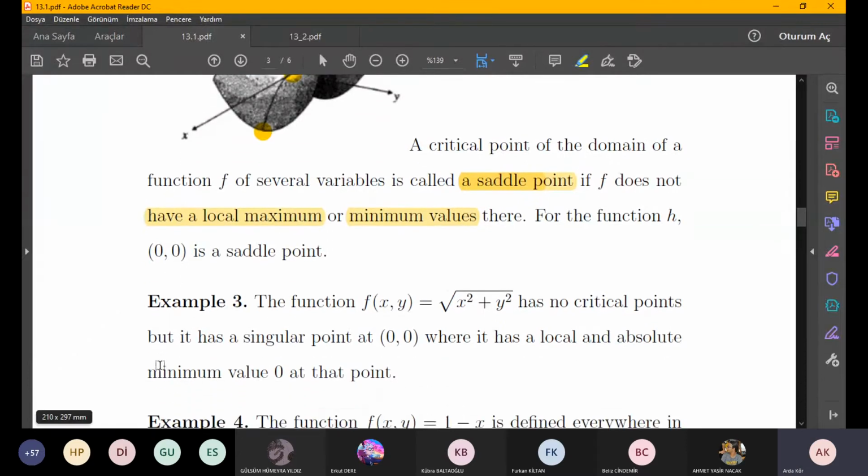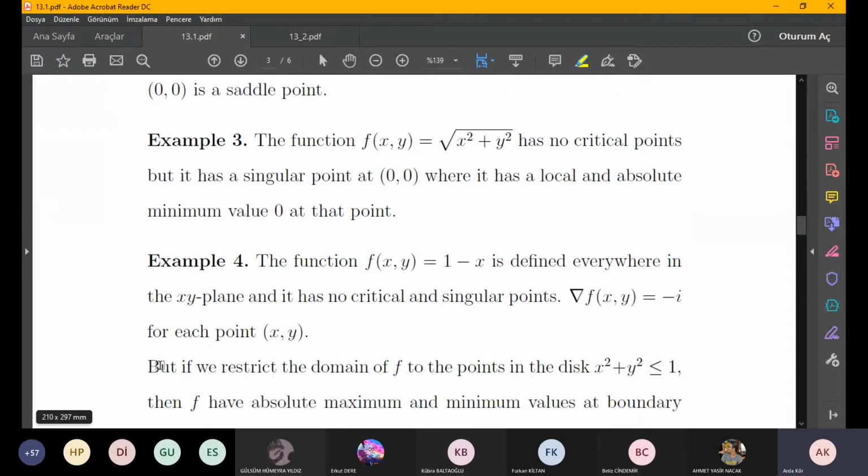And another example, the function which is square root of x square plus y square has no critical points. So there is no point where the gradient is 0, but it has a singular point at (0,0), where it has a local and absolute minimum value at 0.